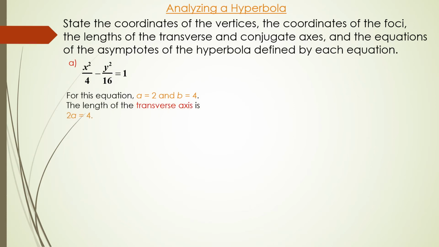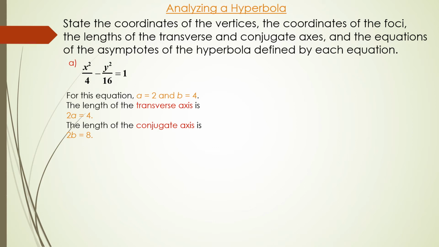Alright, the length of the transverse axis is 4. Just substitute 2 times 2, which is 4. And our conjugate axis is 2b, which is 2 times 4, that is 8. Again, let me just add something.